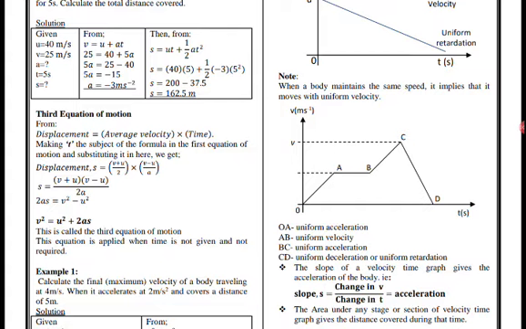Therefore, displacement s becomes (u plus v) over 2, the average velocity, times t, which is now (v minus u) over a. When we are multiplying fractions, the numerator multiplies with the numerator and the denominator with the denominator. Therefore, (v plus u), close the brackets, multiplies with (v minus u), divided by 2 times a.